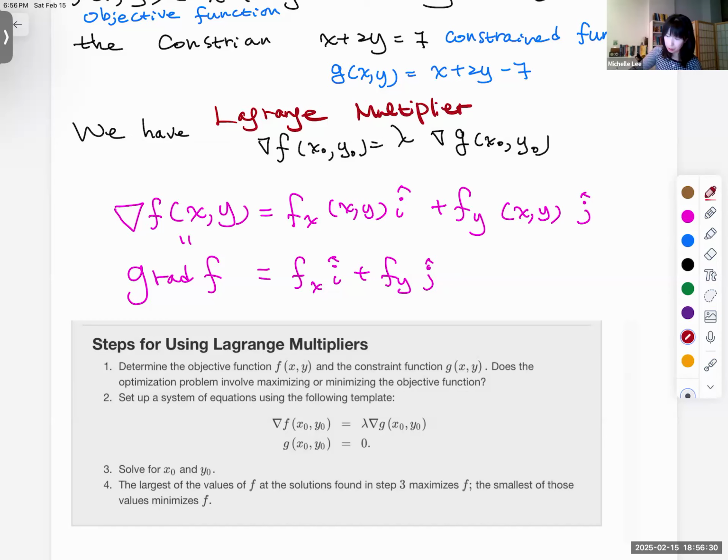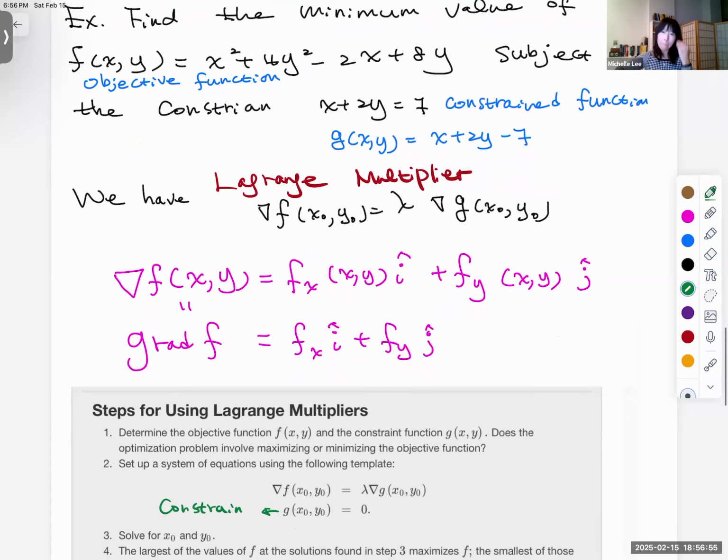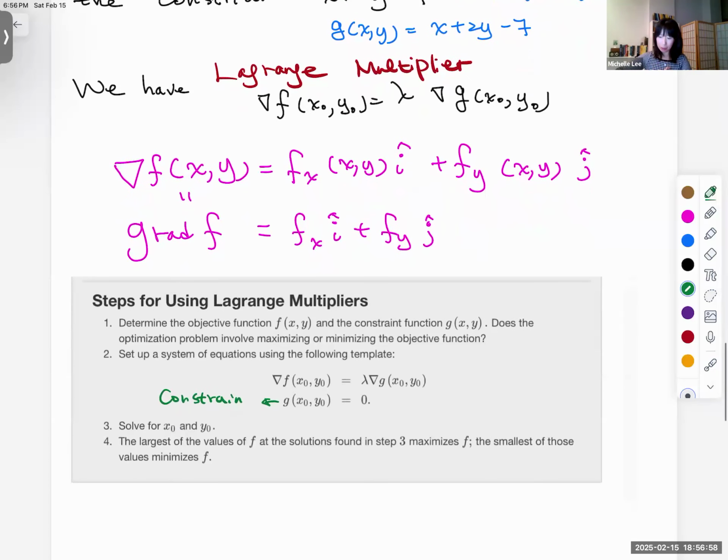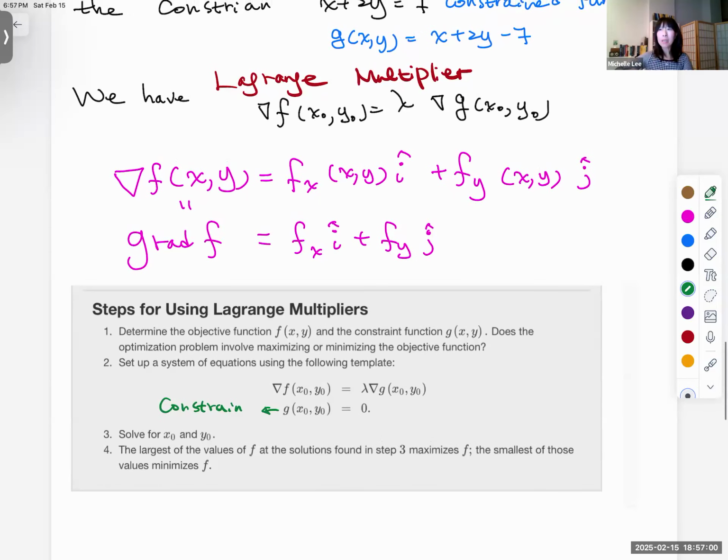So we set it equal to 0, and then we solve for x naught, y naught, and substitute. Then we need to find the largest one or smallest one, it depends. Since in this problem they ask for the minimum, we need to find the smallest number.